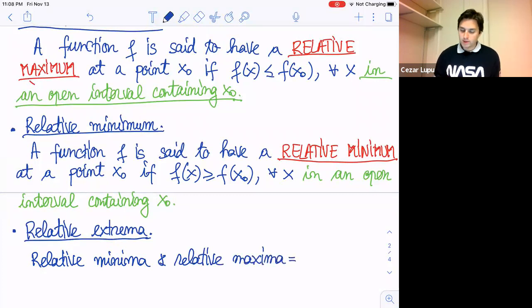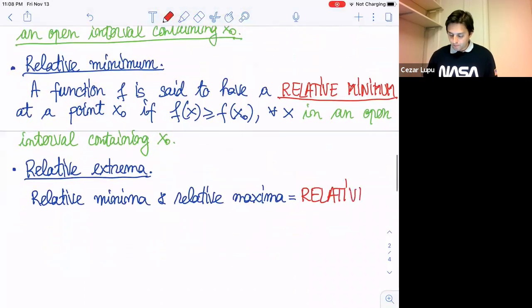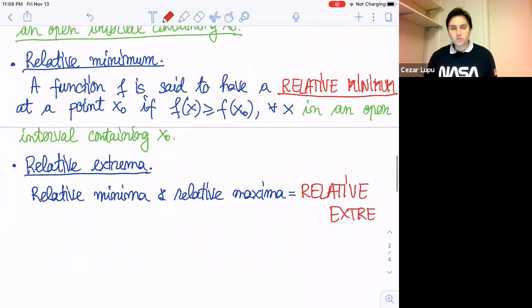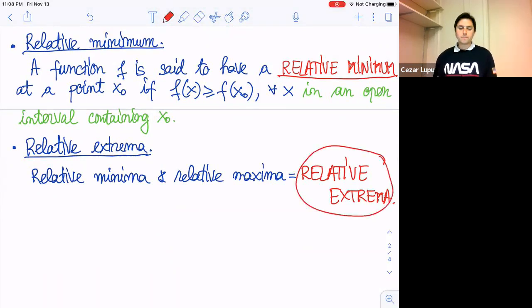Well, we'll call this relative extrema. So when you talk about relative extrema, you talk about relative min and relative max. So this is important. All right.